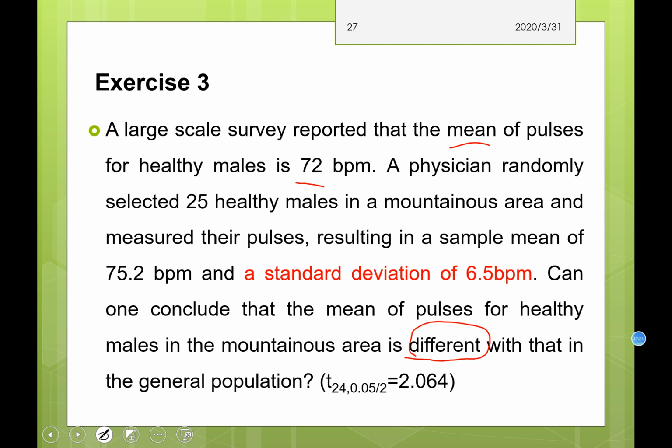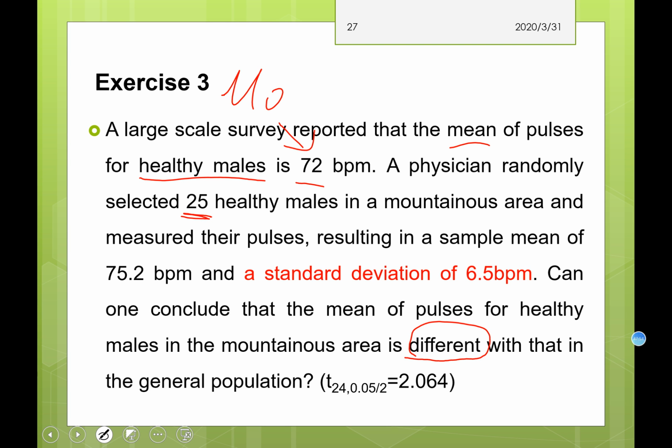And we find that this mean is from all the healthy males. So this is the mu0. Mu0 is 72. And the second number is 25. This is the number of healthy males in a mountainous area, a small group randomly selected by a physician.